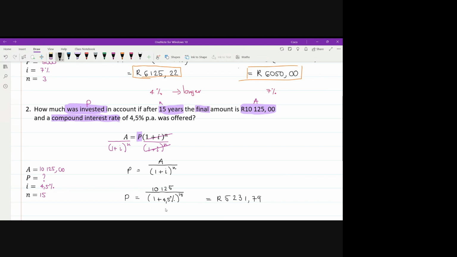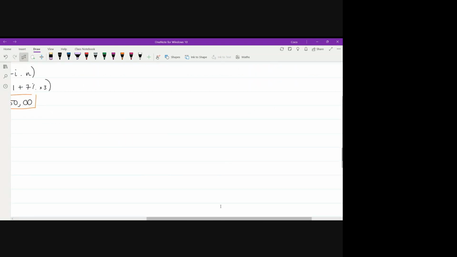Okay, let's complicate life a little bit more. Shall we? All right. So we've just learned that if we have a formula, A equals P, open brackets, 1 plus I to the power of N, and we want to calculate for P, because P is multiplied to my bracket, I can divide by my bracket to get P on its own.